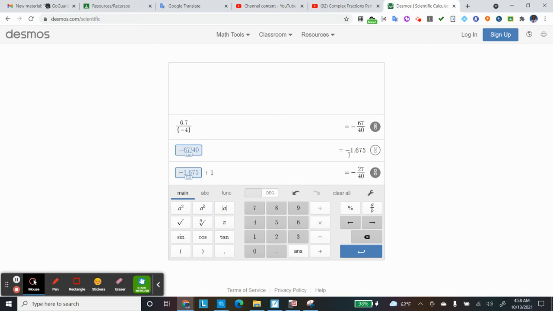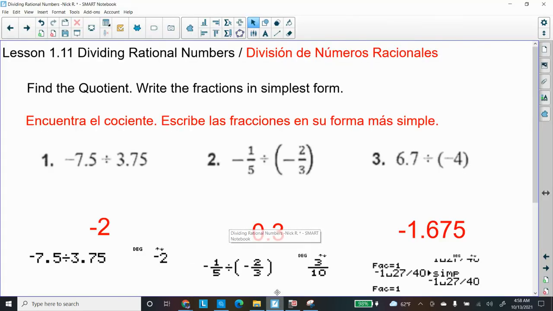So my first part of the answer was -1, but the last part, the 675, is the 27/40. When we said our answer was -1 and 27/40, then we were correct. That's going to be our next video we're going to work on when we convert between fractions and decimals. So that's a good video to look forward to.